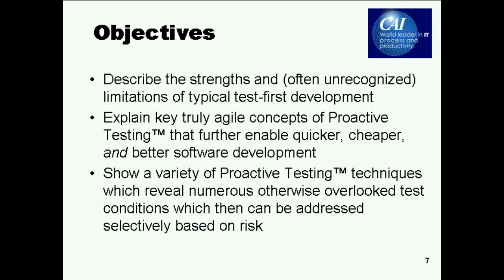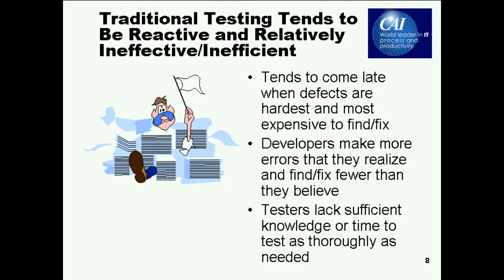So they are conditions that need to be tested that are more likely to result in problems. And proactive testing is very much a risk-based methodology. And by identifying overlooked conditions, you have the choice of whether or not or how much to address them. So you selectively address them based upon risk.